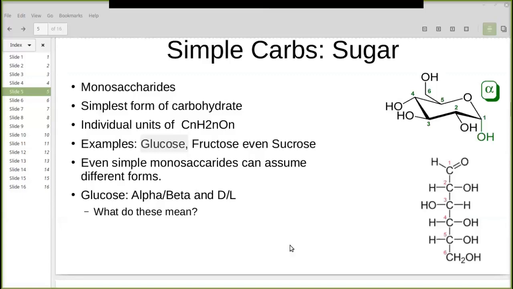Okay, what about D and L glucose? What's the big difference between those? If we have D and L glucose, what would be the big change between them? Any ideas? Okay. Hope, do you have an idea of what the difference would be between D and L glucose?